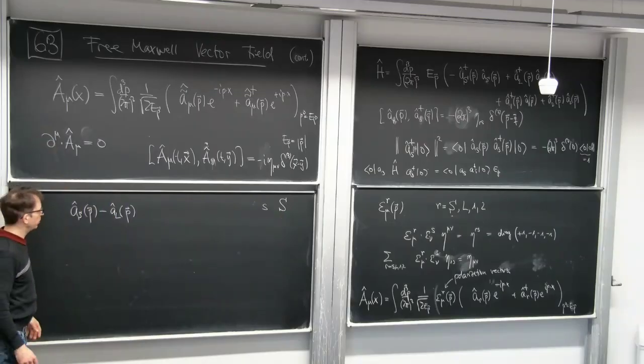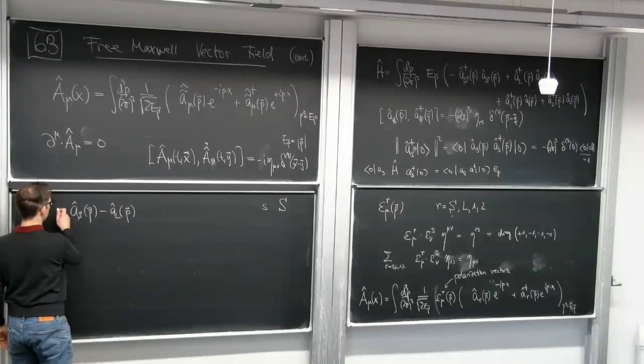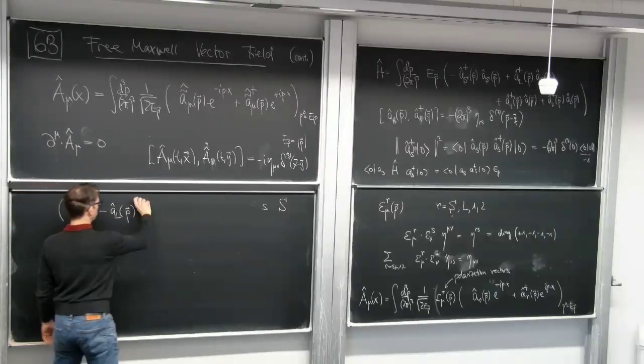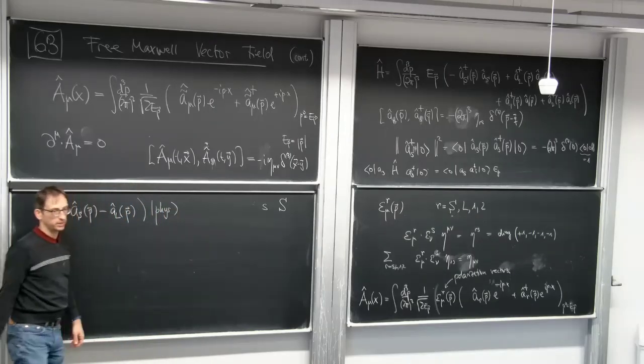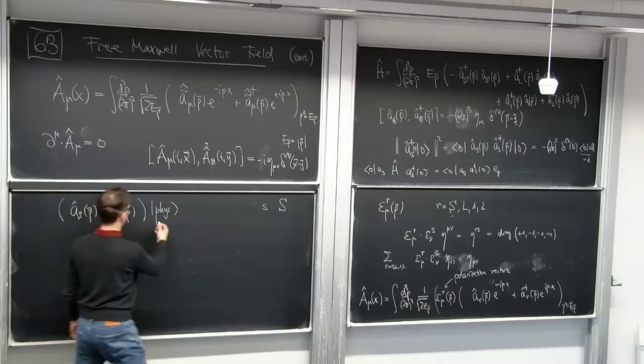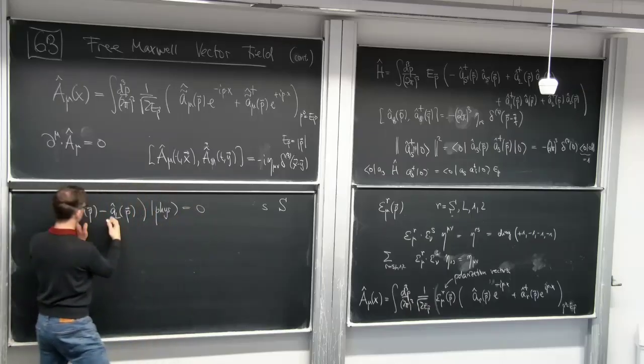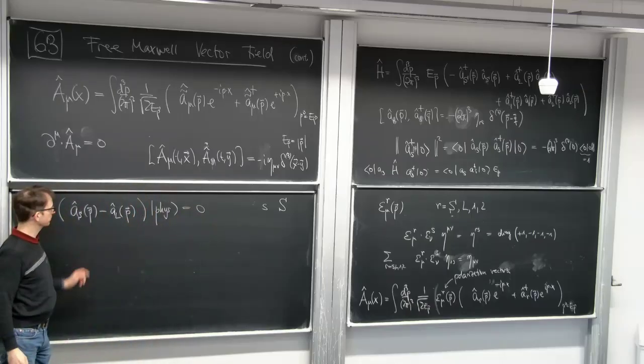So what Gupta and Bleuler decided is, we don't set them to 0, but we say that on all the physical states of our Hilbert space, which we call physicals, are annihilated by this combination.